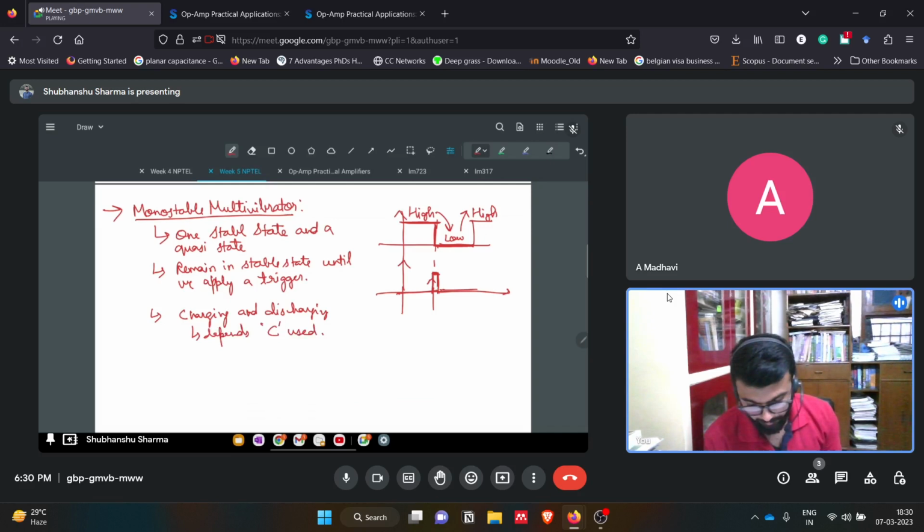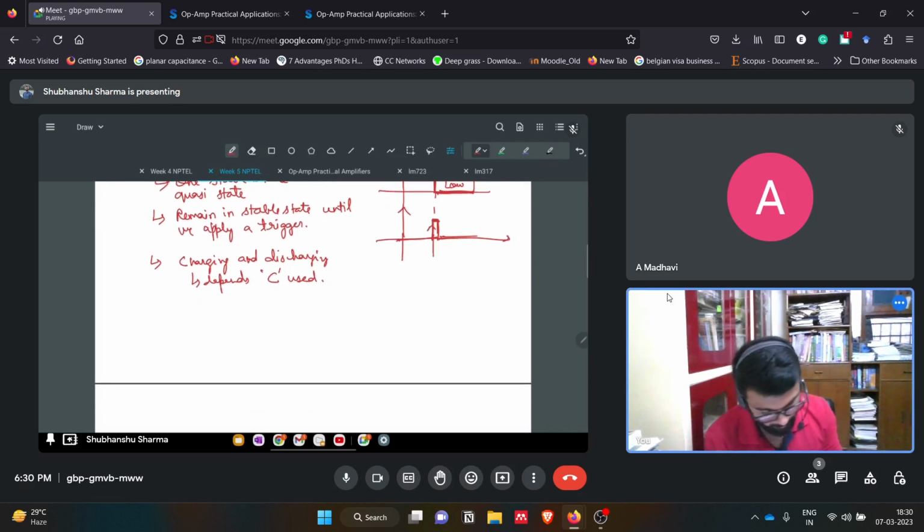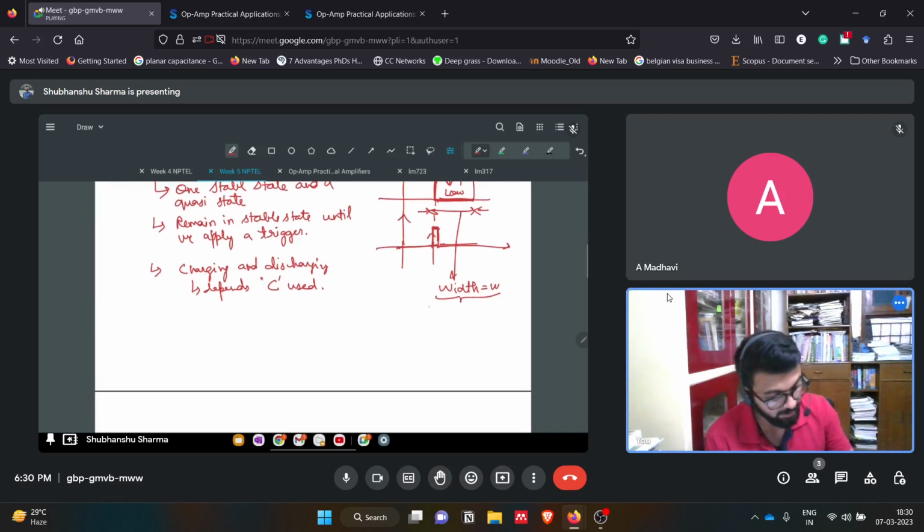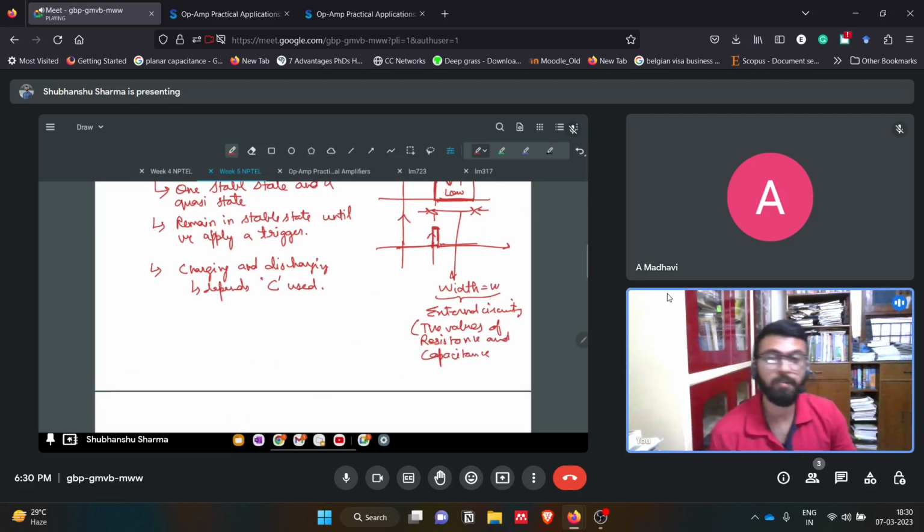And this width which we are achieving here, let's say width W, depends on the external circuitry, or we can say the values of resistance and capacitance which you are providing externally to this monostable multivibrator. So this width is based on that. We'll see how it is based on that.